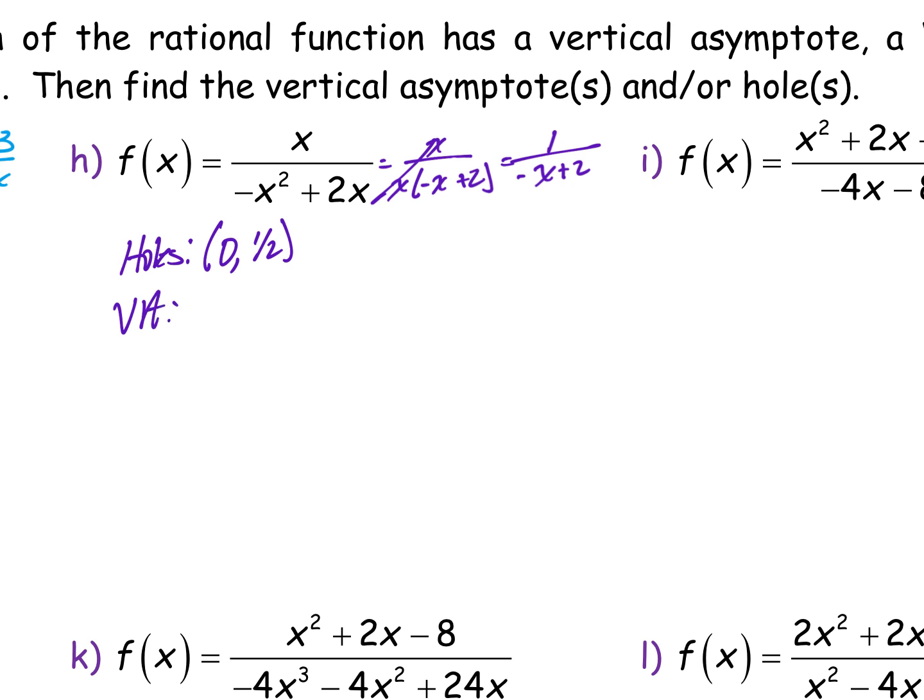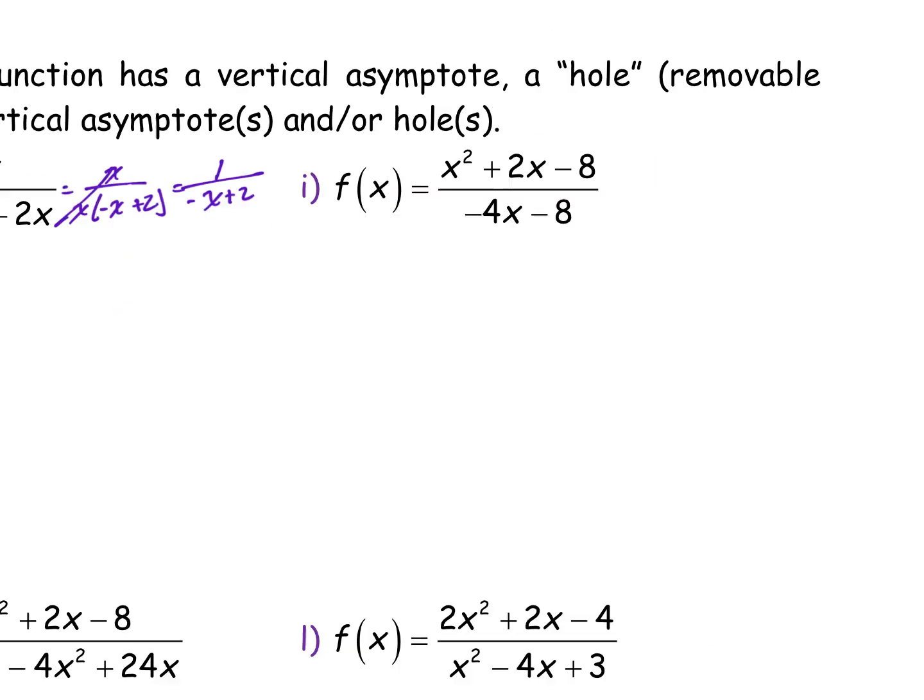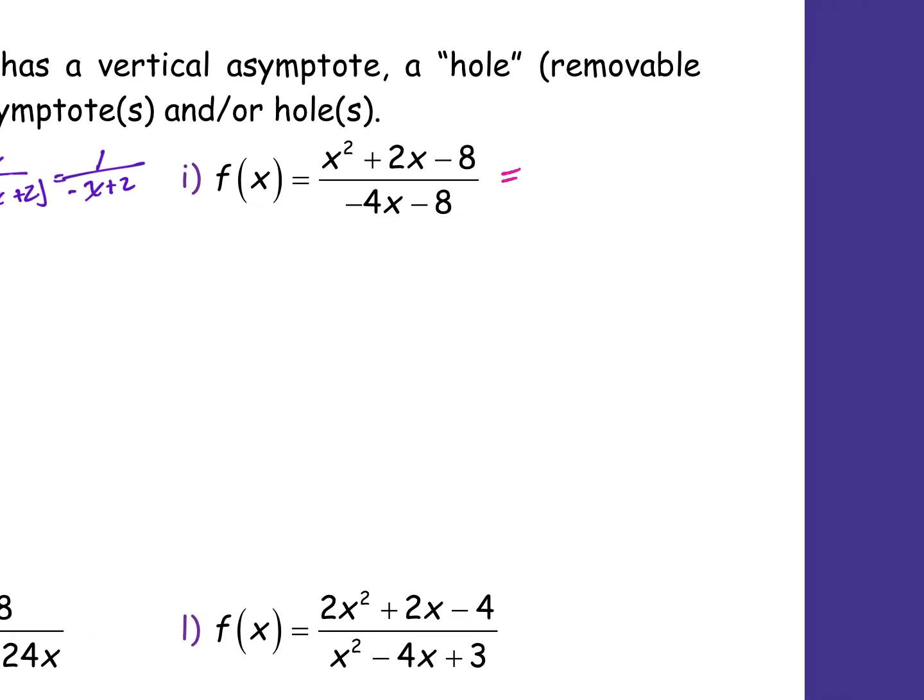Vertical asymptote: add x, x equals 2. Holes, none.